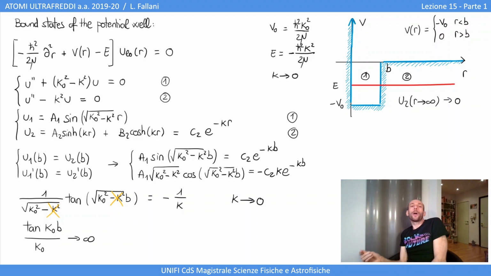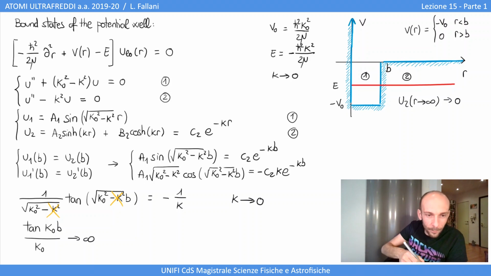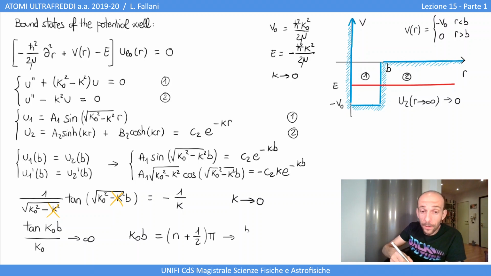And of course, when does this happen? So when the tangent diverges, and so when k0b is equal to n plus 1/2 times pi. So when this condition is met, this means that we have a bound state of our potential well at negative energies that are close to 0.